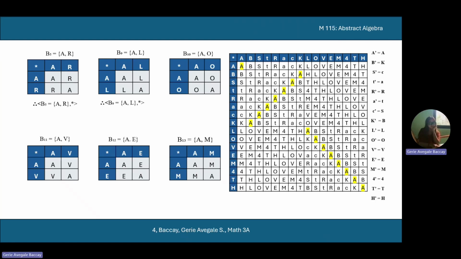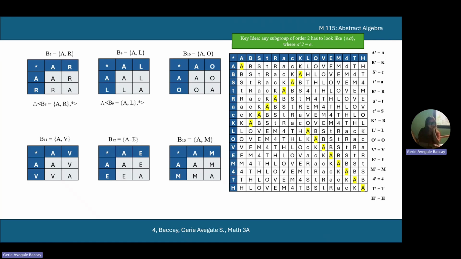Now, instead of checking all two-element subsets one by one, we can rely on a key idea. So here is the key idea. It says that any subgroup of order 2 has to look like the set containing E and a, where a squared is equal to E. We can see that B sub 10, B sub 11, B sub 12, B sub 13, B sub 5, and B sub 9 contain the identity element.